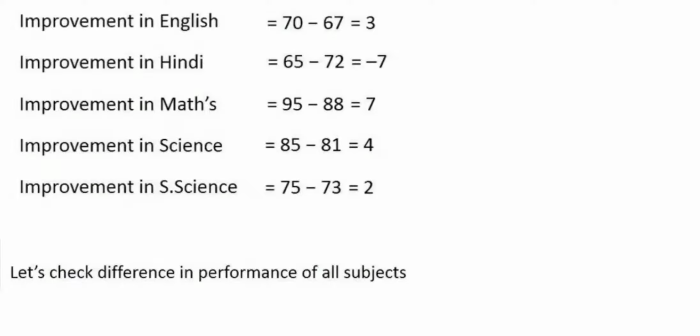So let's check the difference in performance of all subjects. Since our first question is which subject has the most improvement, 7 is the highest and 2 is the least. So the answer is Math and Social Science.